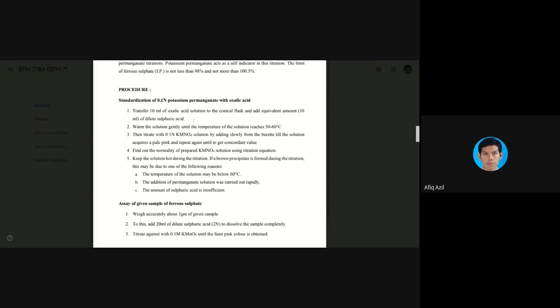The color of the potassium permanganate solution will normally be dark violet, and the color change that you want to observe is normally pale pink. Once you get that pale pink color, it has to be repeated until you get 3 concordant values. Then only you can do the calculation, to make sure what the concentration of potassium permanganate is.